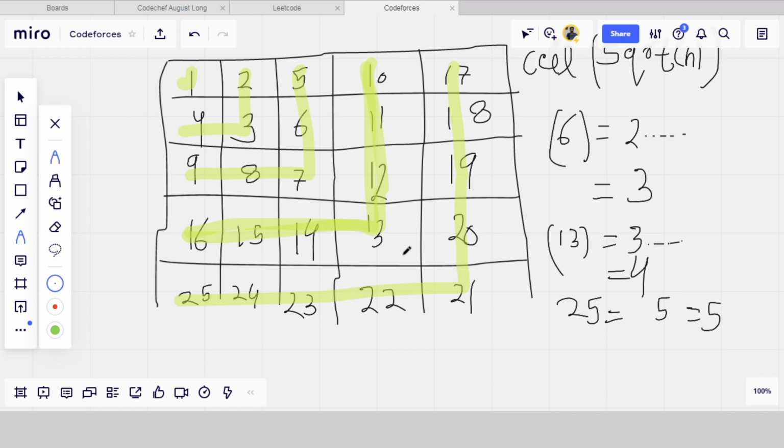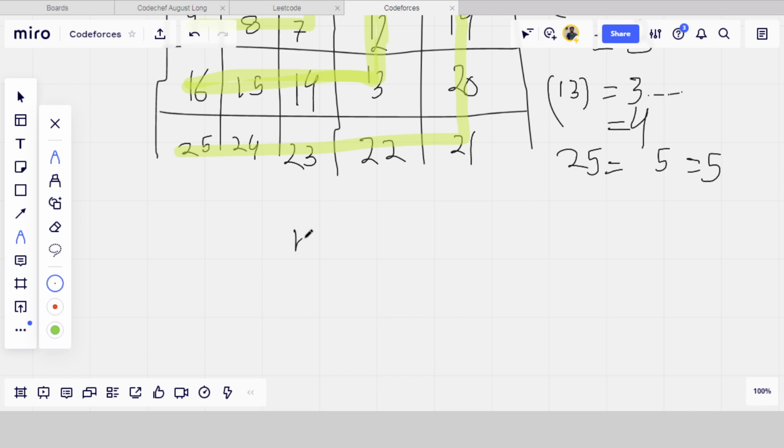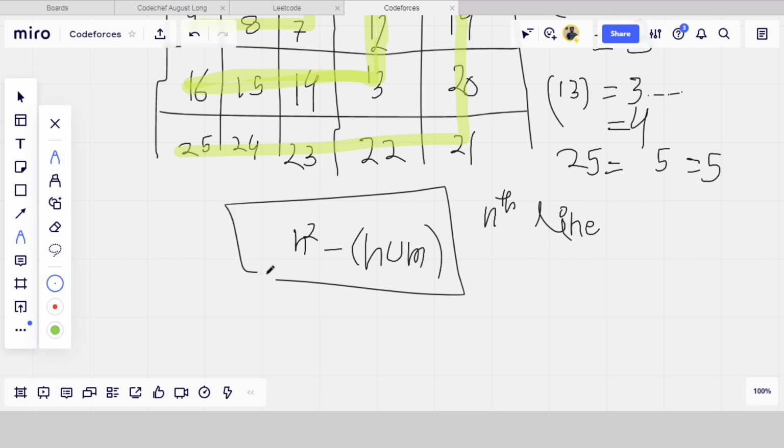So if a number lies on the nth L, then the greatest number will be n square. So we have to find the difference of n square with the number. Let's say the number is num, and n is the L. If the number lies on the nth L, then the difference will be n square minus num.